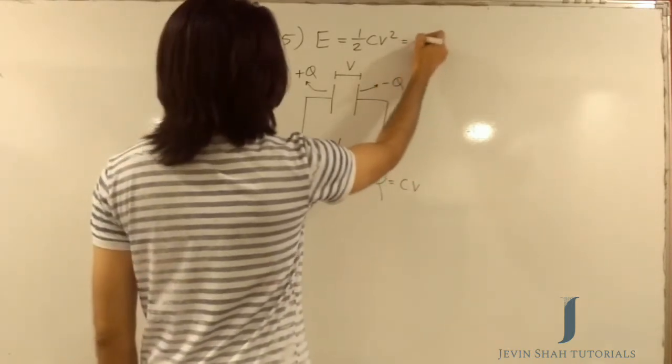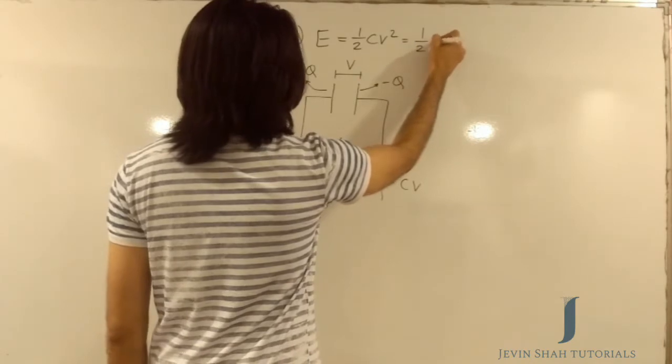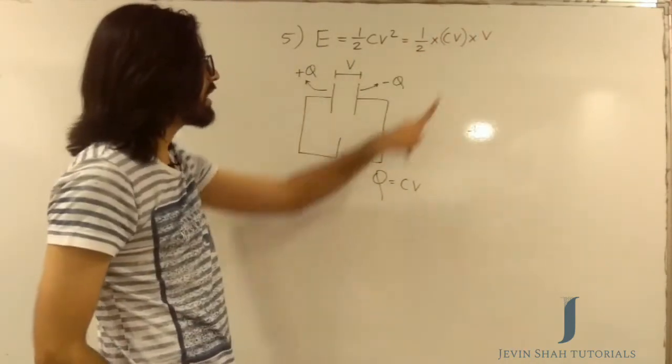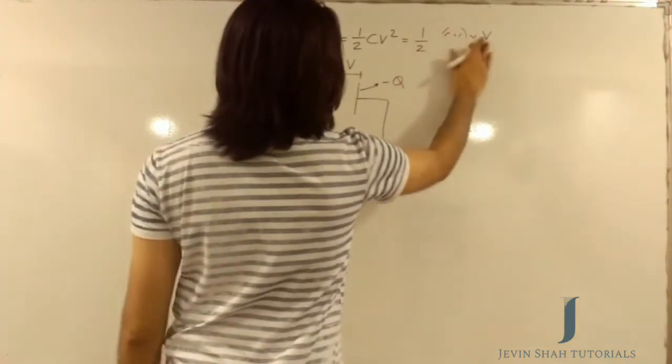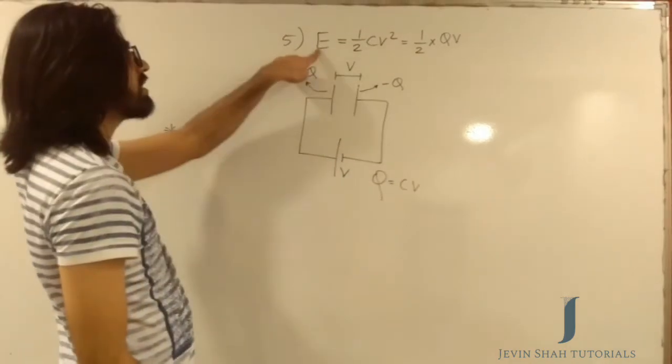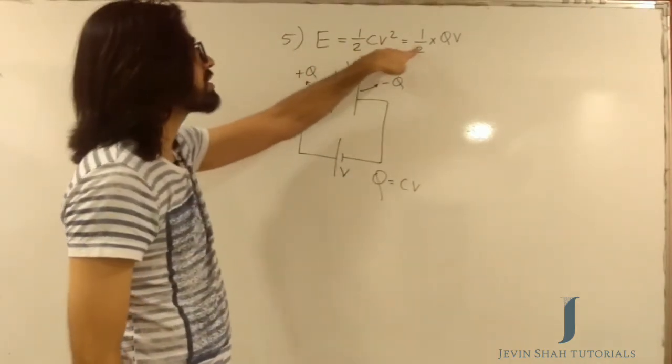So you can write this as half into CV into V, and that CV can be written as Q. So you can write QV and say that the energy stored in charging the capacitor is half QV.